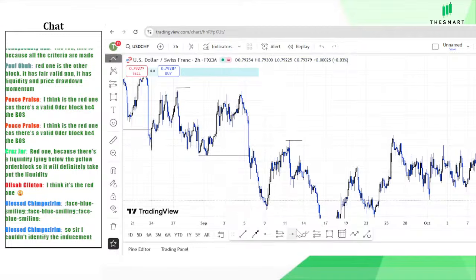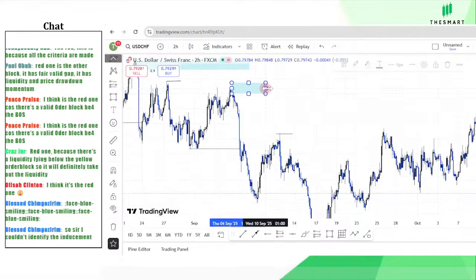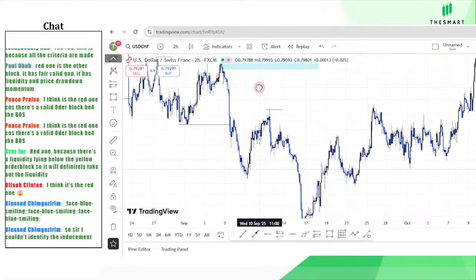Now we have this supply zone sitting here. Let's mark this properly. All right, so we have this supply zone at this point, and price didn't come back to mitigate.